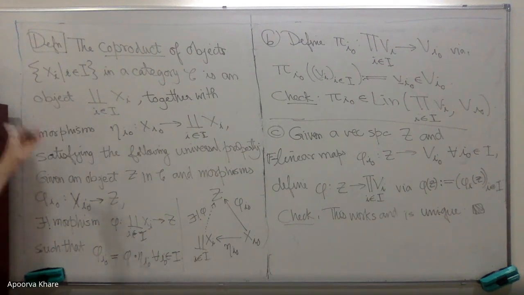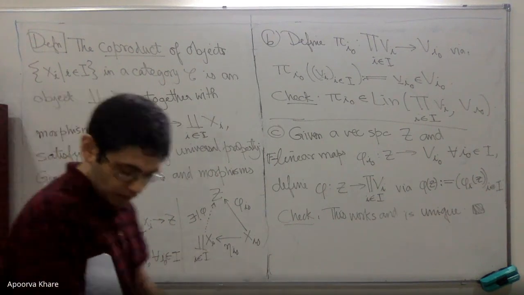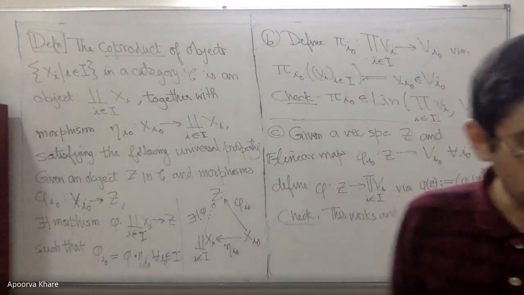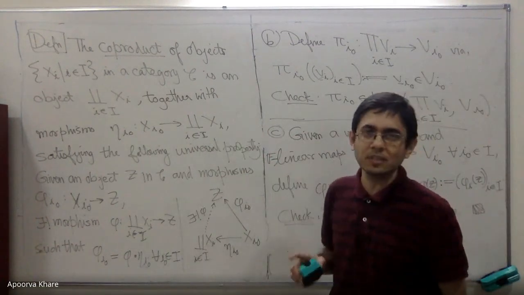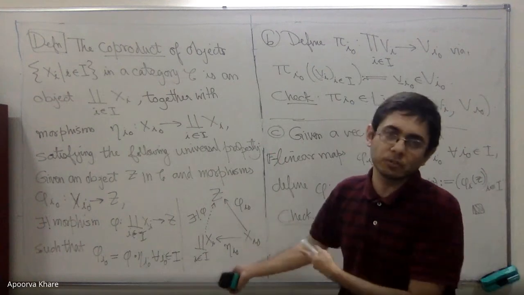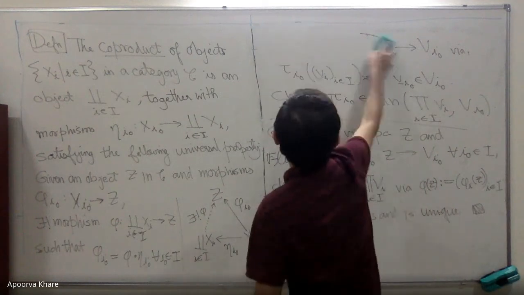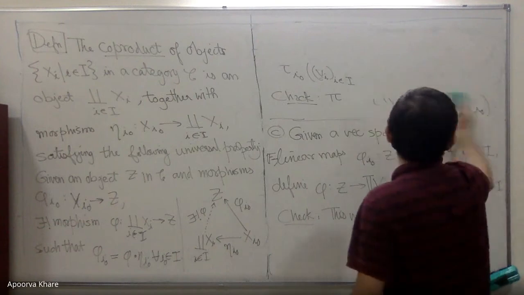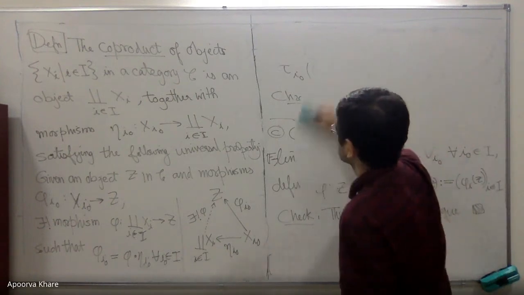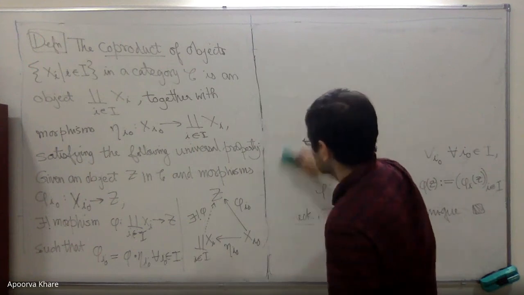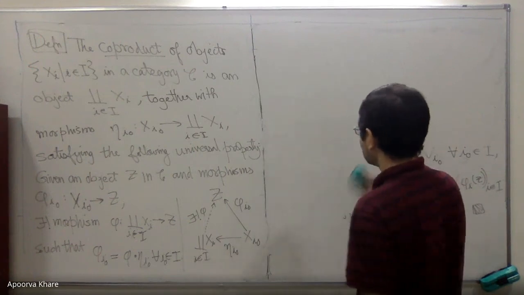Great. So again, this is a definition. Once again, you can draw pictures to prove that if the coproduct exists, then it is unique up to unique isomorphism. I won't prove it now because these are the same kind of construction. You draw X and X prime, draw some arrows between them and check that the identity works.